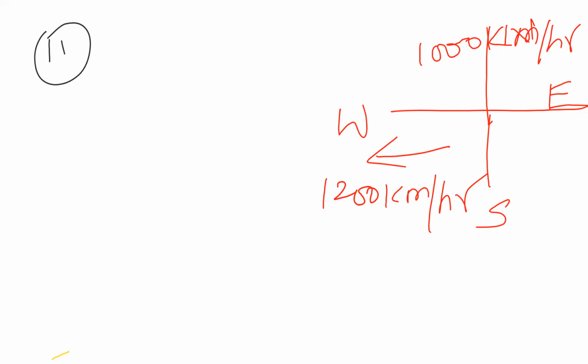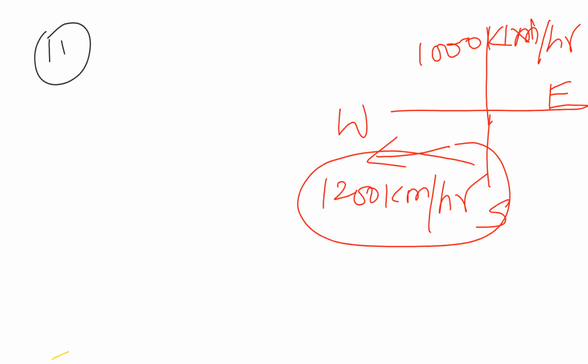So in 1 hour, it is traveling 1200 km. Yes, correct, we have to correct it. So in 1 hour, it is traveling 1200 km. So in 1.5 hours, it will travel 1800 kilometers.